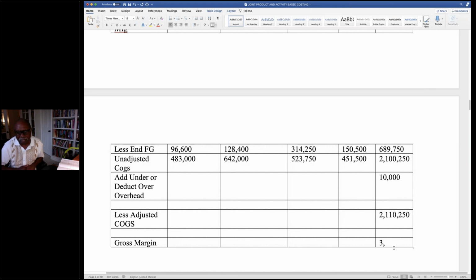Go ahead, type it in, Powell. 973. You got it now. Okay, 973 and what else? 750. So that's how much money you made, Powell, not 200 or 300,000, okay?